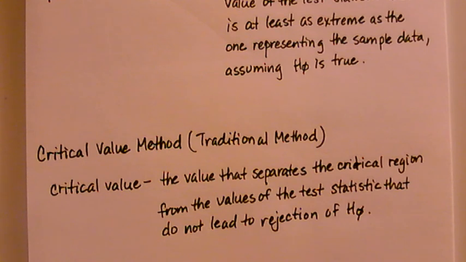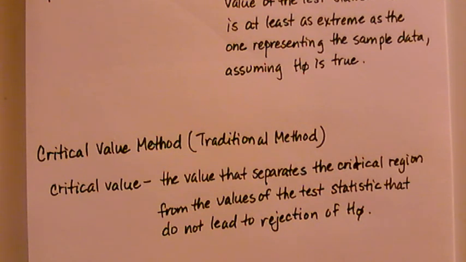Okay, that critical value is going to be that boundary value that separates the values of the test statistic that do not lead to rejection of the null hypothesis from the critical region.